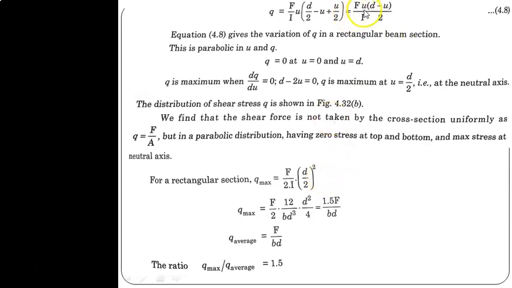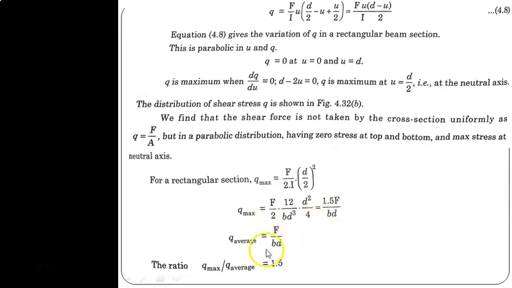So already u outside, d by 2 into d by 2, it becomes d by 2 whole squared, and therefore F by 2 into I, where I is b d cubed by 12. I is at the bottom, therefore 12 by b d cubed, which is equal to d squared by 4, and therefore we have 1.5 F divided by b d.